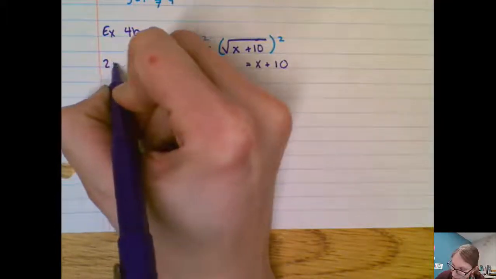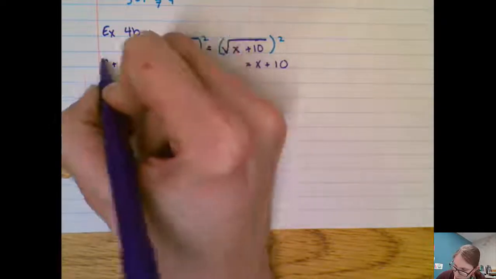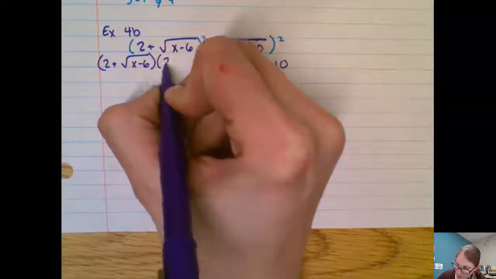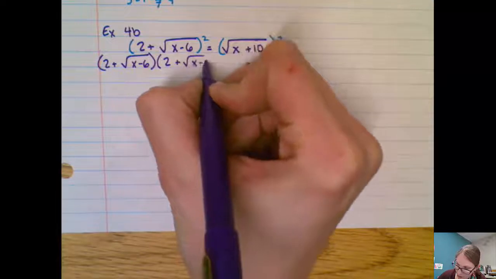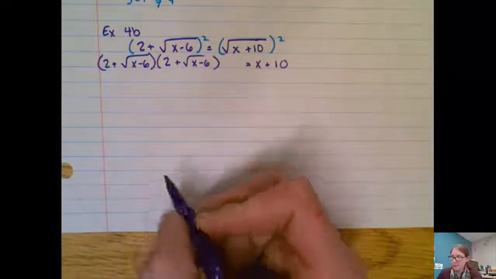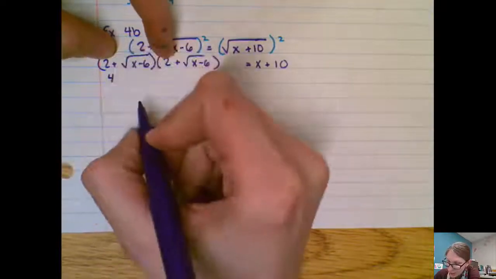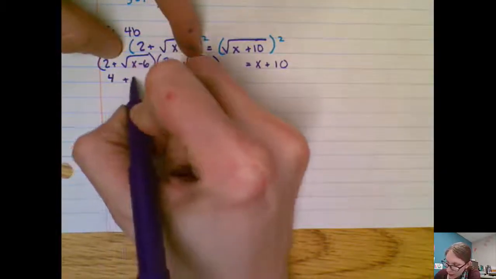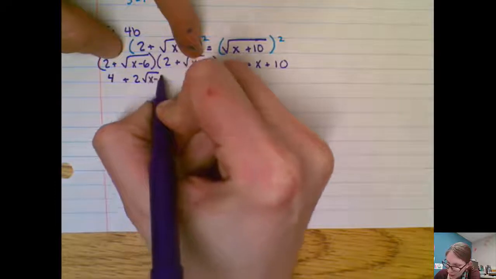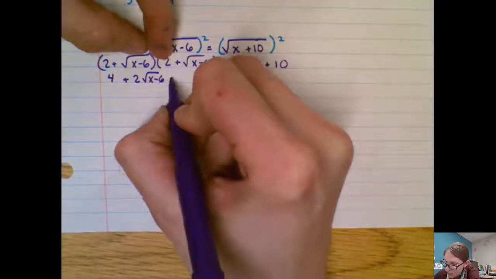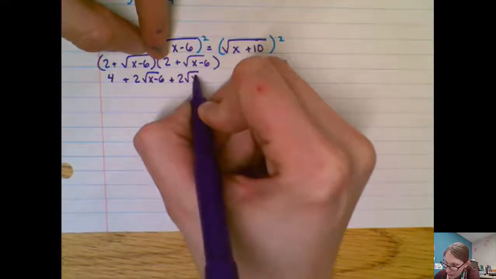So 2 plus the square root of x minus 6 times 2 plus the square root of x minus 6. And again, I need to FOIL. So 2 times 2 gets 4, plus 2 square root x minus 6, plus 2 square root x minus 6.